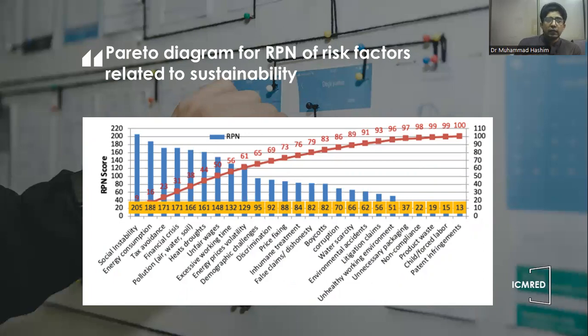Here we can see that social sustainability is the most highly impactful factor. Energy consumption, tax avoidance, like these move from upward to downward. So this graph gives us the idea about the maximum and highly impactful risk factors.